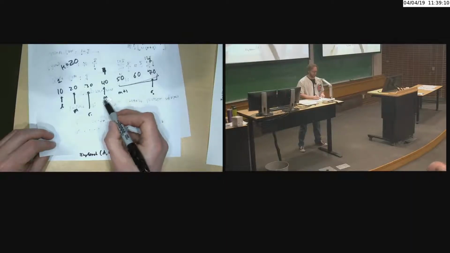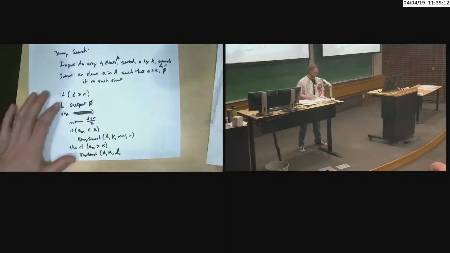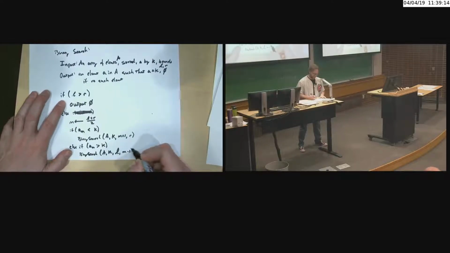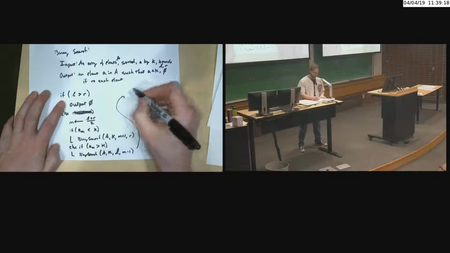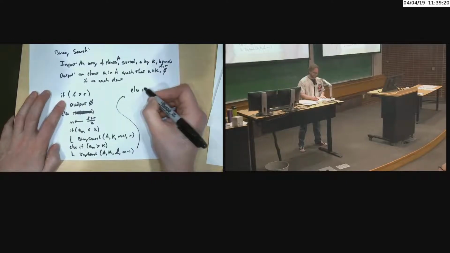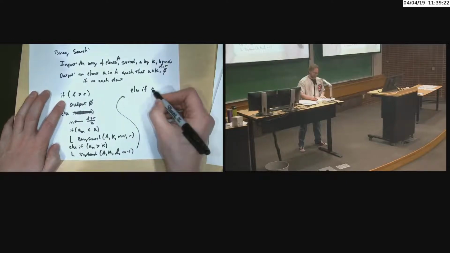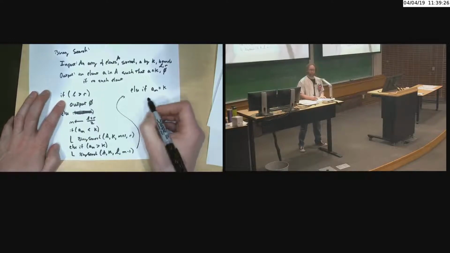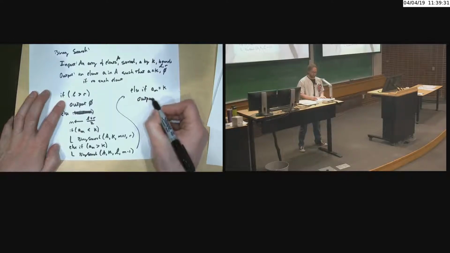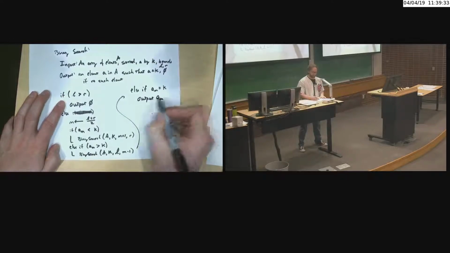It goes from M down to M minus 1. Else, and what's the last possibility? A sub m is equal to k, in which case what do we do? We stop. We found what we're looking for. Output a sub m.